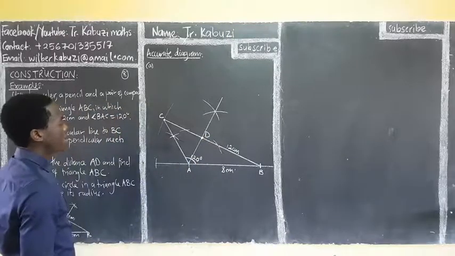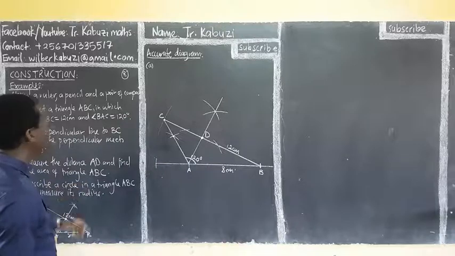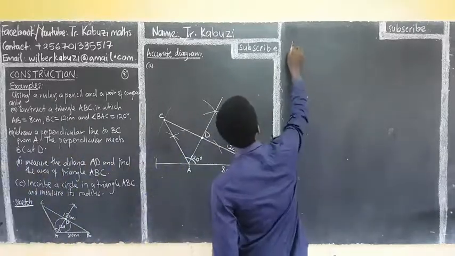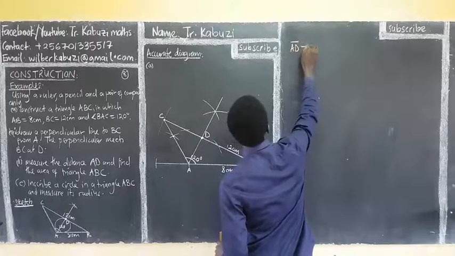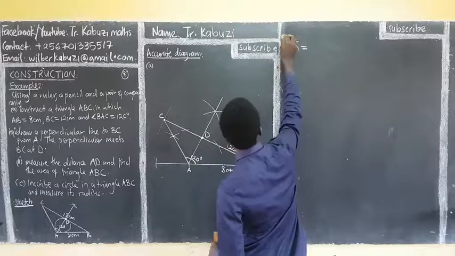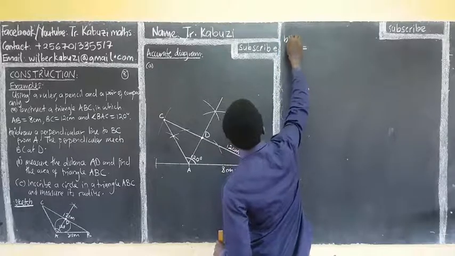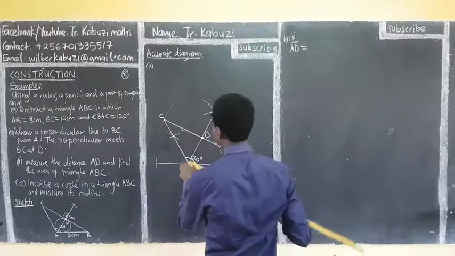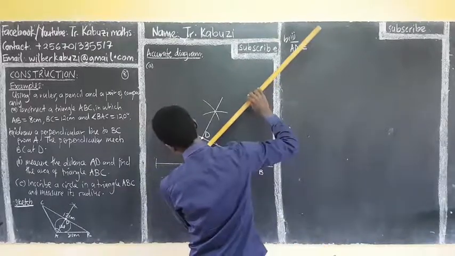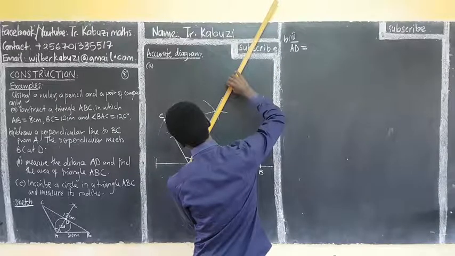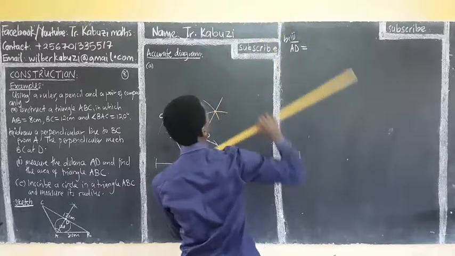Then they are telling me to measure the distance AD. So I come and measure my AD. When I measure from here up to here, it's giving me 2.4.